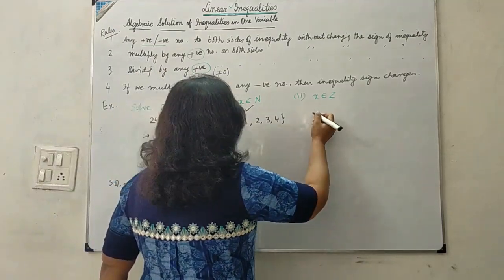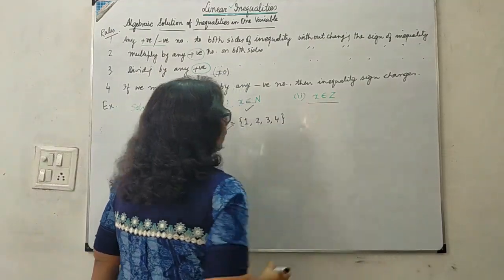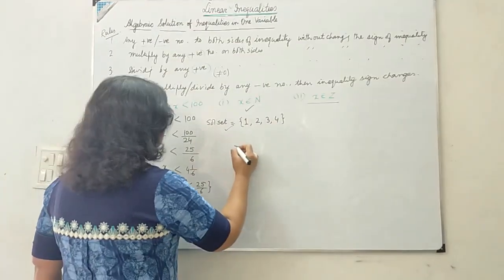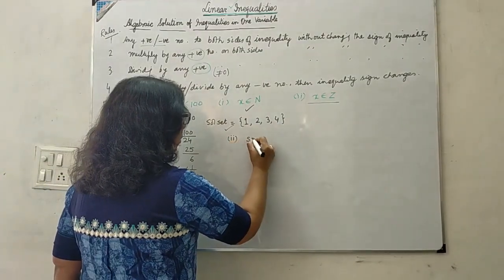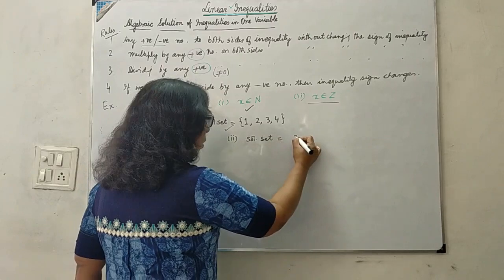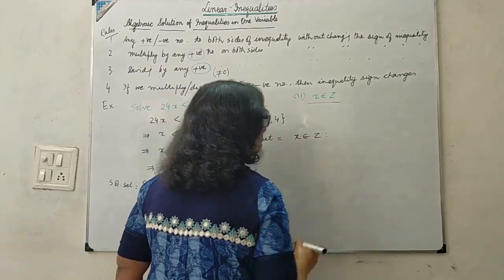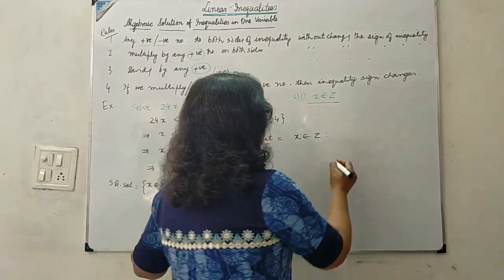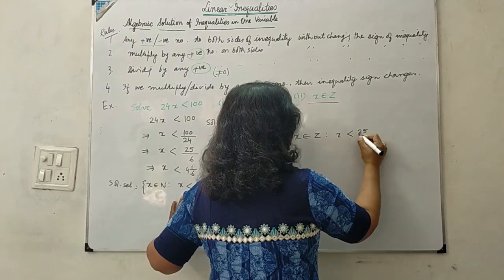Now for the second part, when x belongs to Z, the solution set will be all those integers such that x is less than 25 by 6.